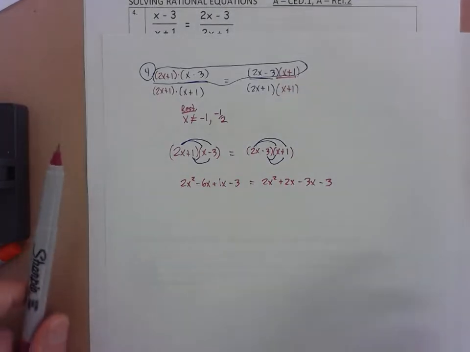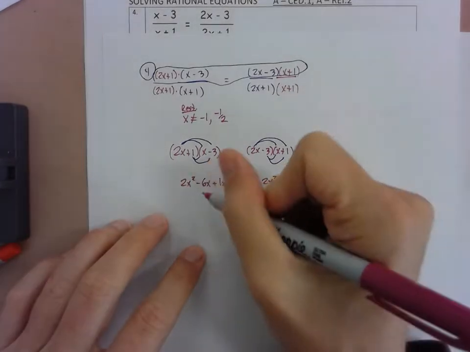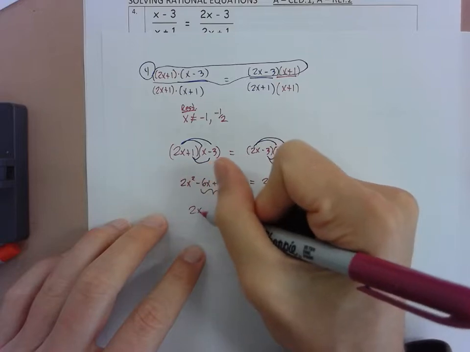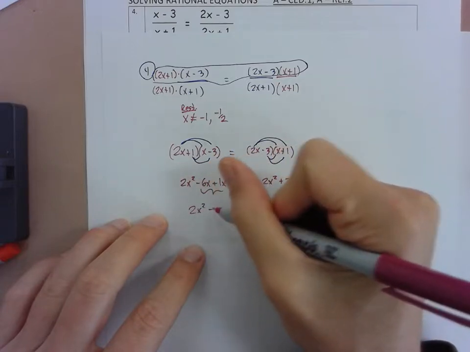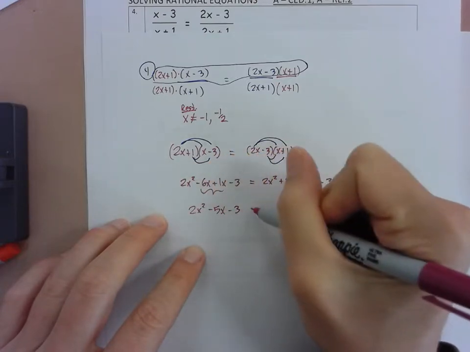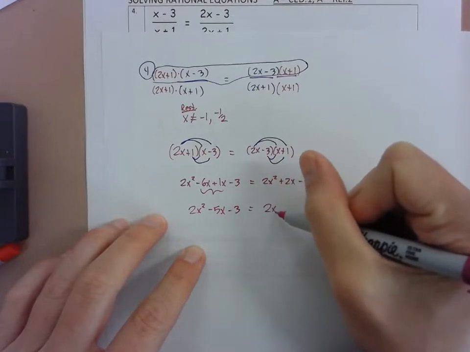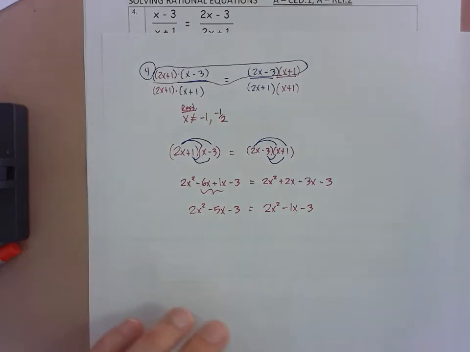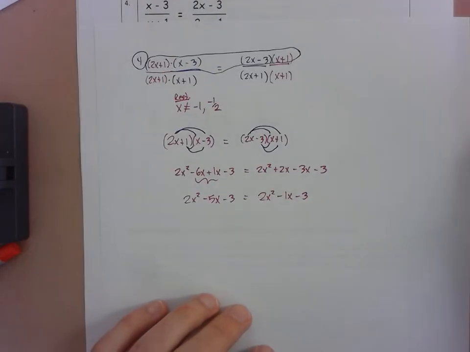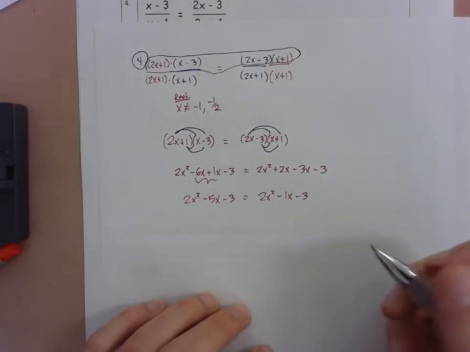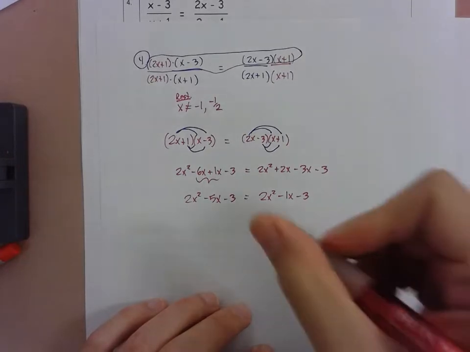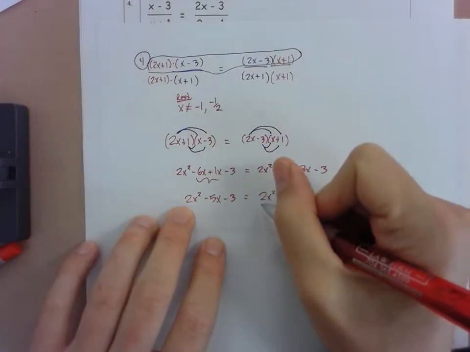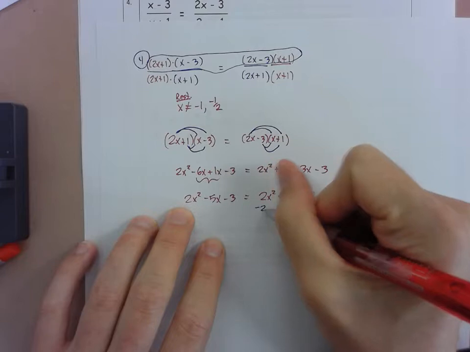And it looks like we have some quadratics again, so this is going to combine to 2x squared minus 5x minus 3 on the left side and 2x squared minus 1x minus 3 on the right side. All right, so let's get this thing equal to 0. I'm going to go ahead and subtract. Well, these are both 2x squared, so they're actually going to cancel out.